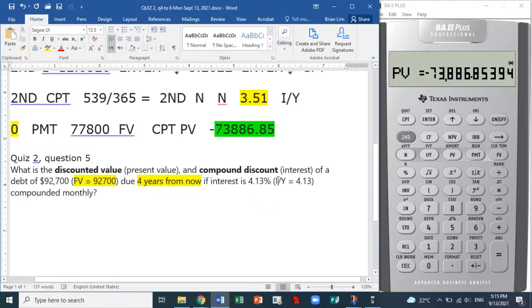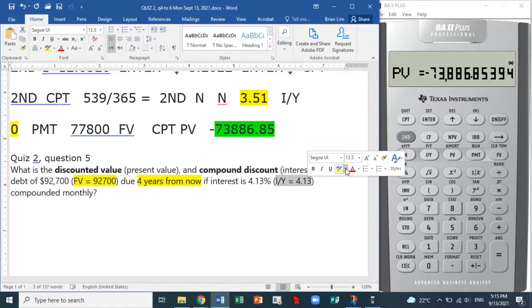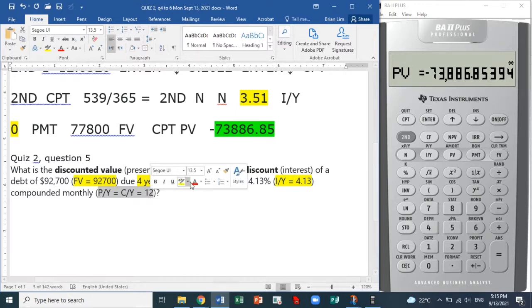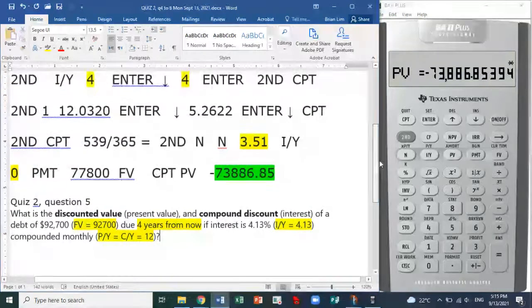And that is compounded monthly, so PY is equal to CY is equal to 12. All right, so this is very much like the question we had before. It's just more or less getting you accustomed to terms like discounted value and compound discount.